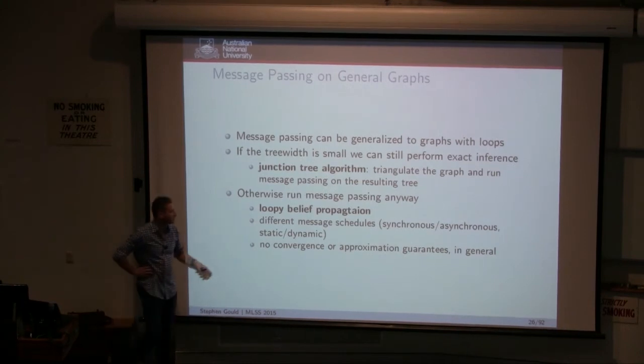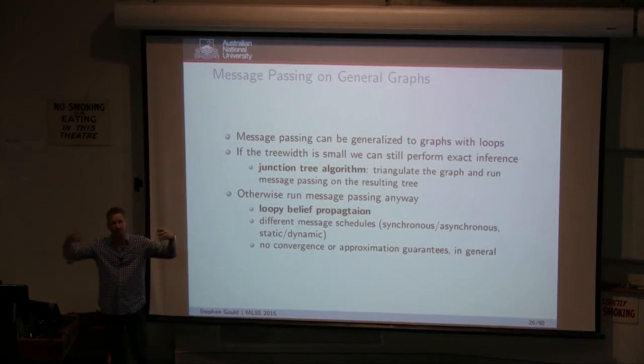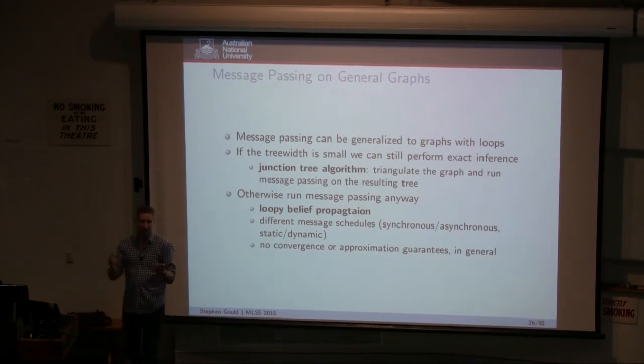Okay, so the question is, how do you handle, I guess, the coordination of messages between nodes? What happens if a node receives either one message or multiple messages at the same time? Usually what you're doing is you're running this on a single machine. It can be generalized to a cluster, but normally you're running on a single machine. So you're only actually computing one message at a time.